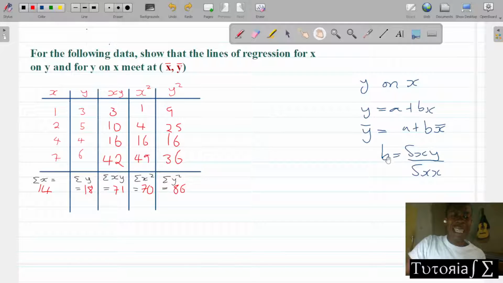What you're also going to need is the gradient b, which is Sxy over Sxx. You have to know this.